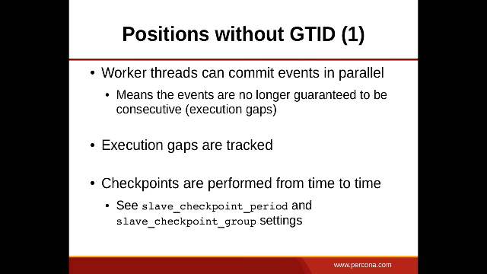And one thing to know is that as the worker threads commit events in isolation, you can have execution gaps, meaning that the relay log is not replayed in order. So of course, the execution gaps are tracked so that from time to time, the slave is able to perform a checkpoint to make sure that a transaction is not left behind and everything is still correctly executed.